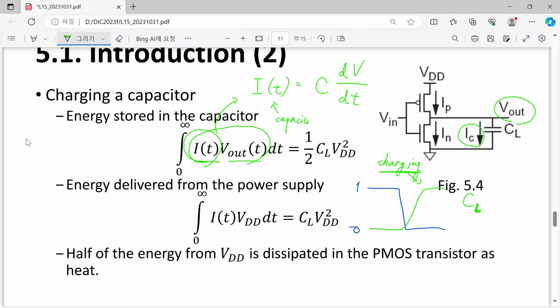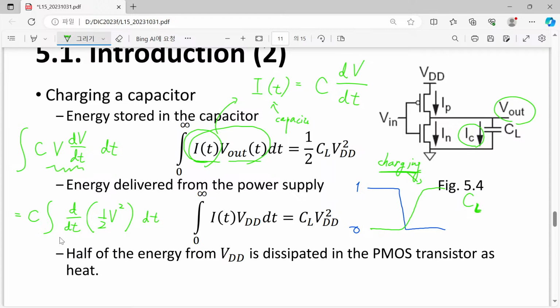So when you just insert it, then C times V times dV over dt, and its time derivative is required. So this is quite a simple one. We can pull out the constant C, and we can easily understand this is nothing but the time derivative of half times square V.